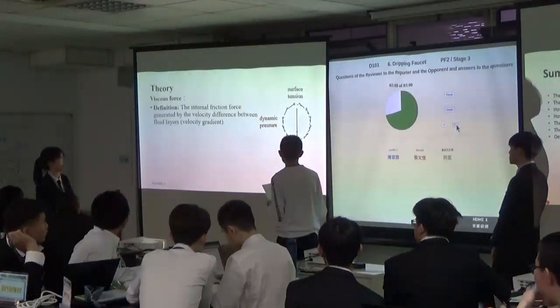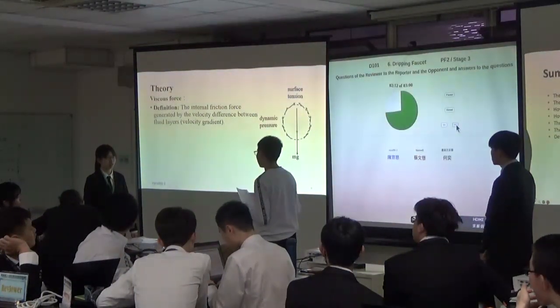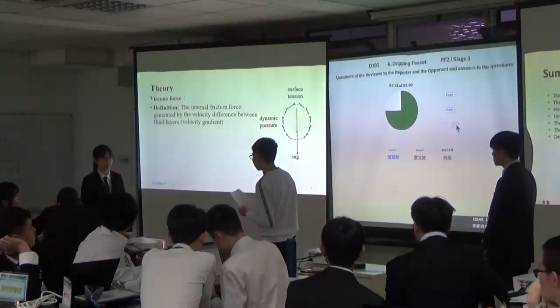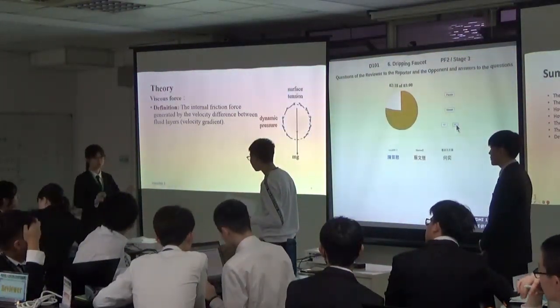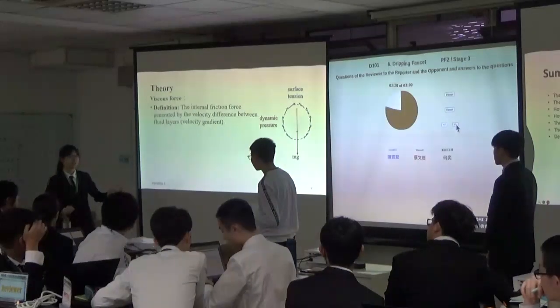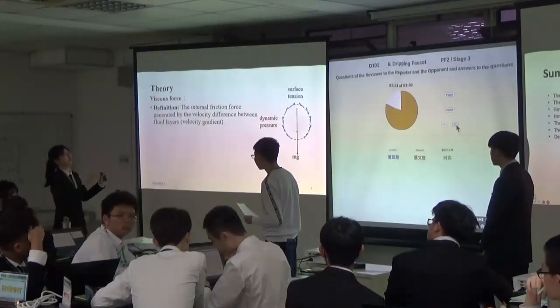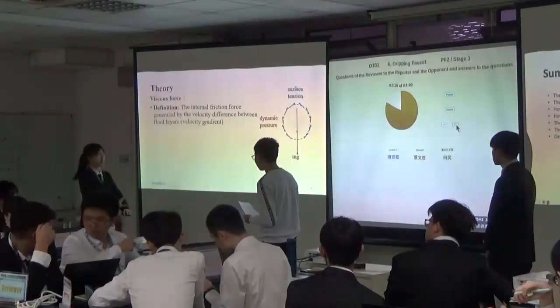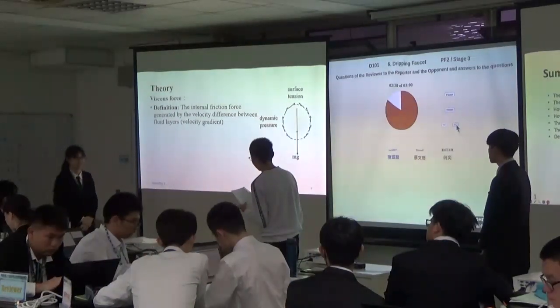So you said that the surface tension can affect the water drop, the water drop when it is on the slope. No, it always affects the water drop, but it is more primary in the first stage, and it will become more minor in the high speed. Yeah. Okay. And next page.